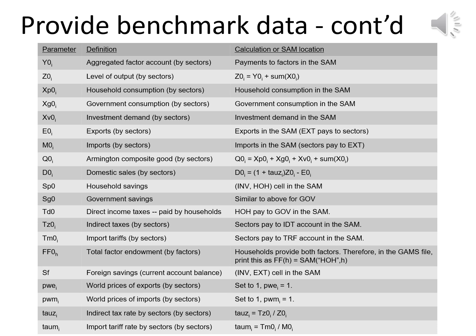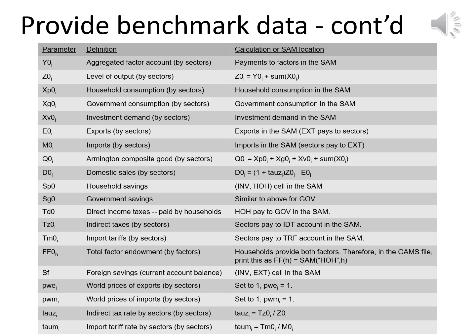Sometimes you have to find where it is in the SAM, so you have to locate it in the SAM, write the location. So we do that by writing, for example, for XP0. XP0 is household consumption by sectors. So XP0 is going to be defined in GAMS as follows: XP0 brackets I is equal to SAM in brackets I, comma, households, HOH.